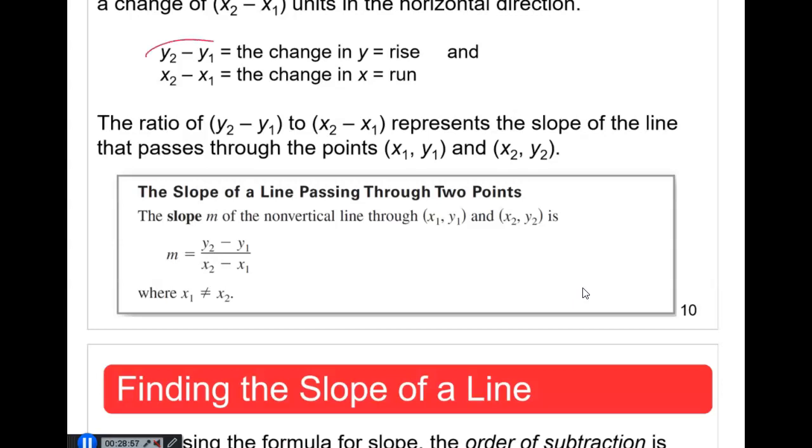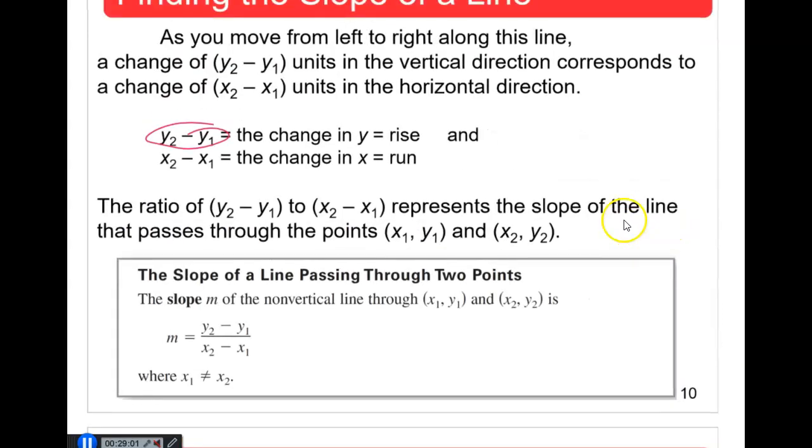So vertical direction. And then we want to see how the graph behaved in the horizontal direction. And please always remember that the y will always be on top. And that's why we call it the rise over run.